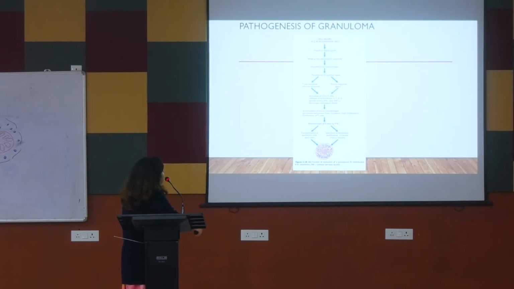Now in this T cell mediated immune response, there will be activation of CD4 positive T helper cells, and release of lymphokines: interleukin 1, interleukin 2, growth factors, interferon gamma, TNF alpha. And there is monocyte chemotactic factor which will attract more macrophages, and there is proliferation of T cells.